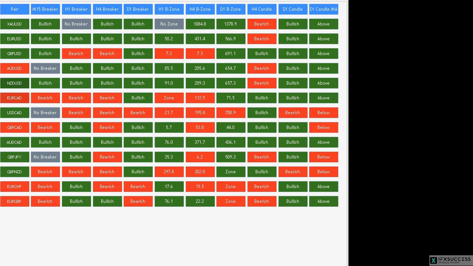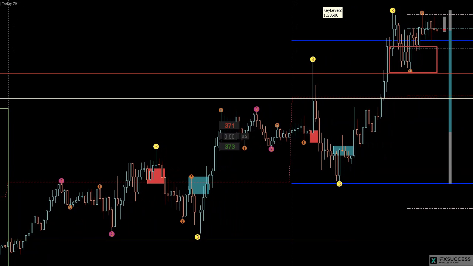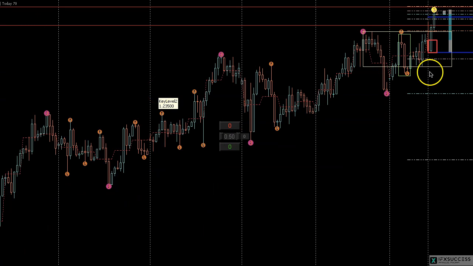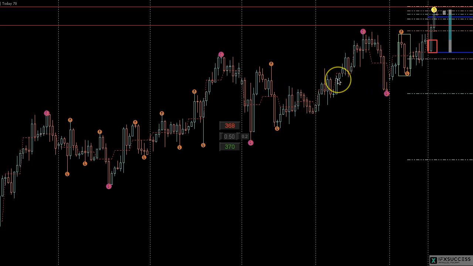So let's take a look at what we have on euro dollar, and again we have everything bullish, but if you analyze the charts, we could say, hey, maybe 4 hours is already overextended, and it's okay for me to buy.